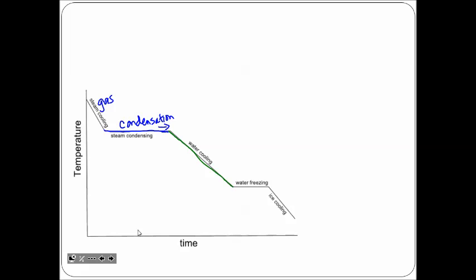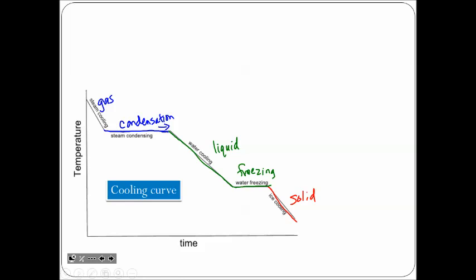This is the liquid cooling. And then we would start freezing it to eventually turn it back into a solid. And the solid would be cooling. You could keep cooling down the solid. So it's really just the opposite of a heating curve, called the cooling curve. The other one's called the heating curve.